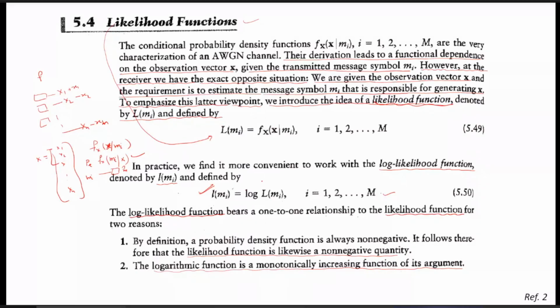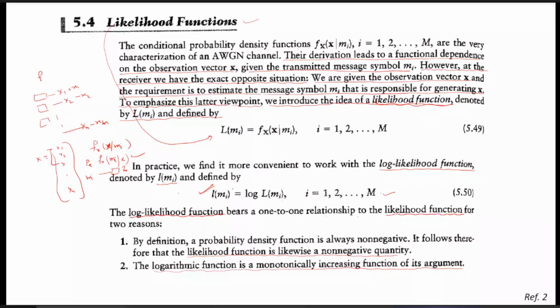L(mi) is always greater than 0, so it cannot be negative. And since the log function is an increasing function, if L(mi) increases, small l(mi) will also increase.